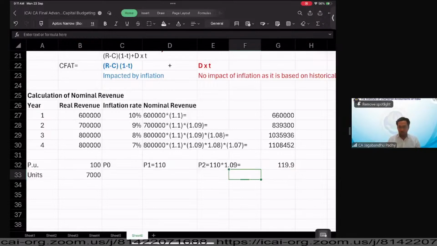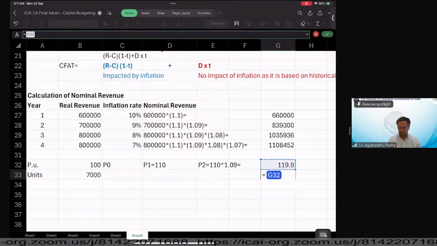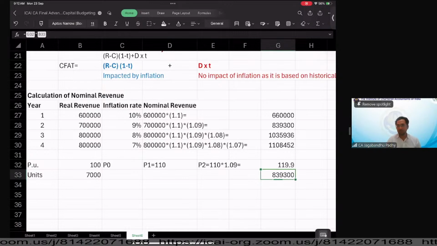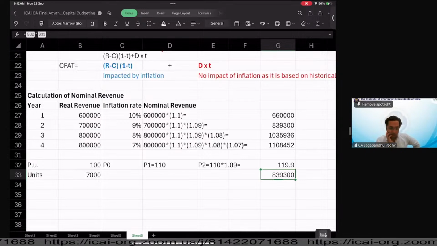So now what will be your revenue in the second year? Can I say 119.9 into 7,000 units? Which will be 8,39,300, and that's the same revenue which you have stated here. Right? Is this clear? Why are we getting it multiplied every year cumulatively?